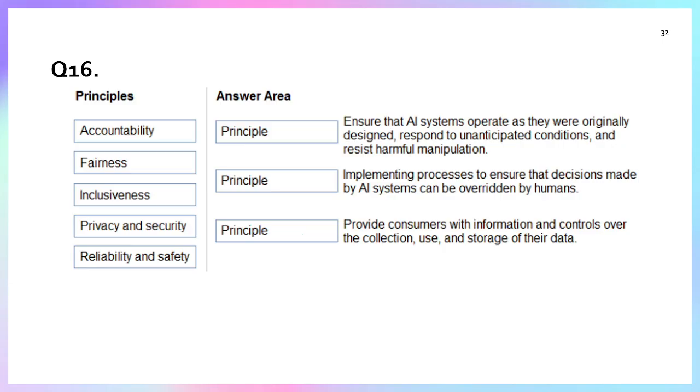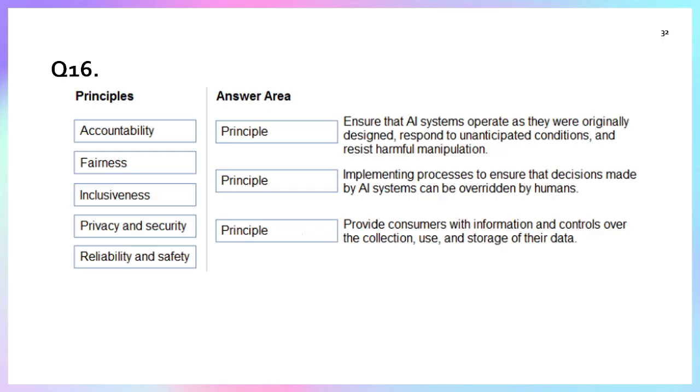Which principle is fulfilled? It will not operate harmfully, meaning as originally designed, and it responds to unanticipated conditions and resists harmful manipulation. This is completely related to reliability and safety. Next, implementing a process to ensure decisions made by the AI system can be overridden by a human.